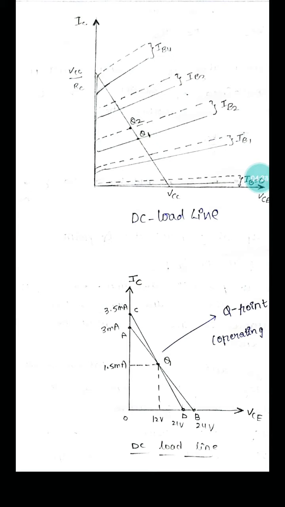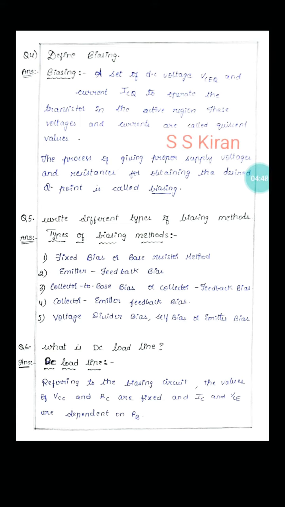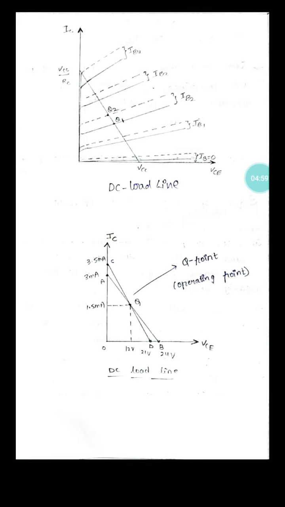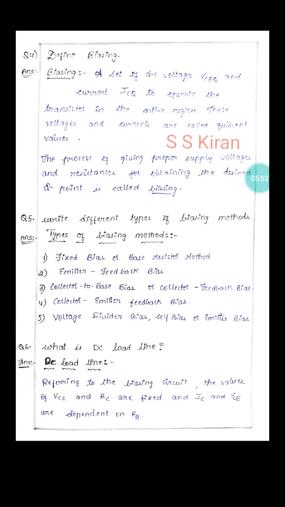Here you can vary the VCE, which is one type of power supply. Automatically IC also varies. Here indirectly IB2 varies, meaning input voltage also varies. That's why we call the process of giving proper supply voltages and varying the resistance for obtaining the desired Q point biasing.